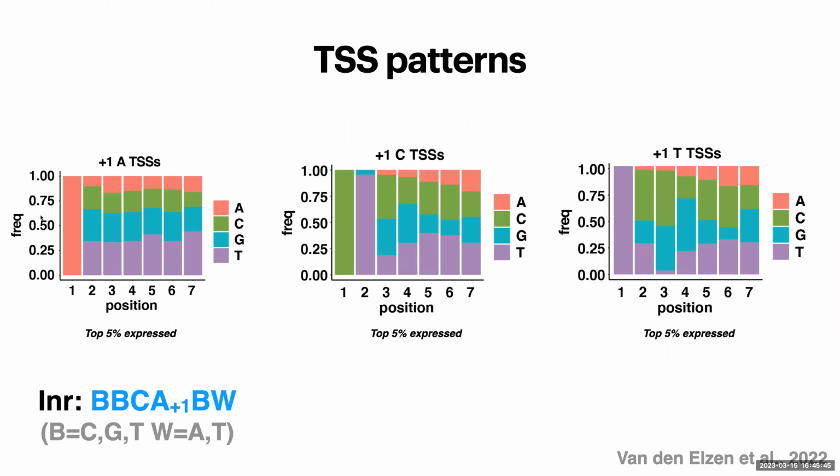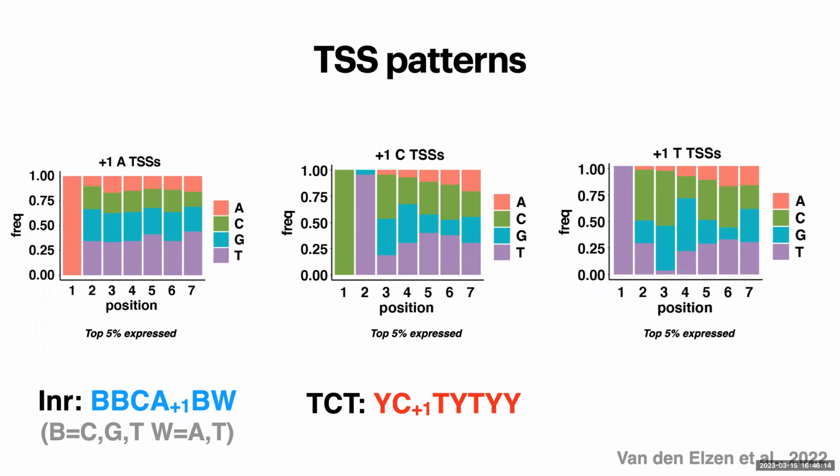The motifs for the +1A TSSs look quite a lot like the canonical initiator motif, which is defined here with the A being the +1 nucleotide. This is present at about 50% of transcription start sites in mammalian promoters. For our purposes, the only notable feature is a lack of an A at the +2. We don't see a total absence of an A at the +2, but there is a depletion.